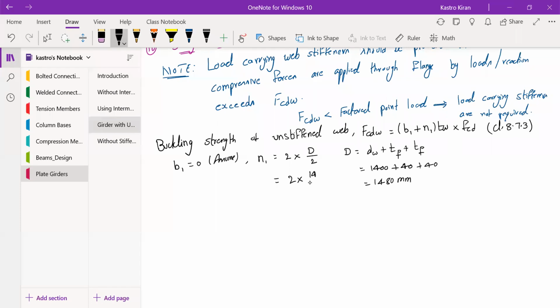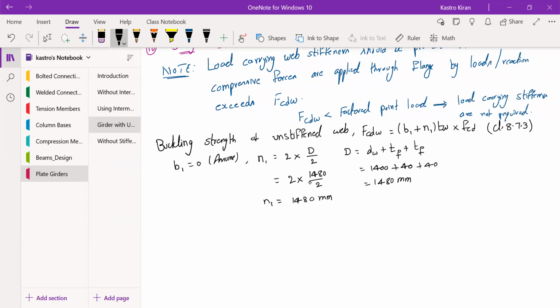So that will be 1480 upon 2. Therefore, the value of N1 will become 1480 mm. Okay, so that's how you find the N1 value.